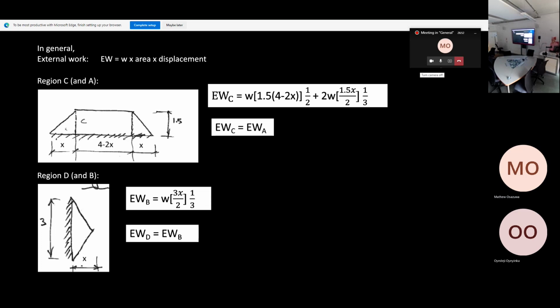And the work of the load is the load times the displacement. You assume that the displacement is 1. We assume the displacement is 1. Yes. Okay. All right.